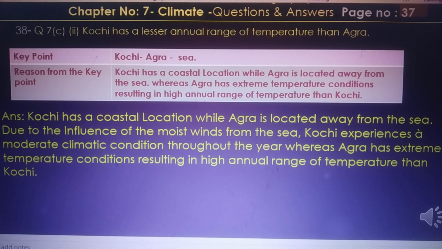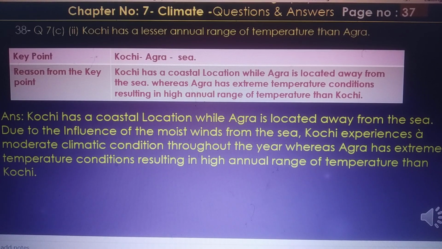Question number 38. Kochi has a lesser annual range of temperature than Agra. What is the key point? Kochi, Agra and sea. The reason from the key point: Kochi has a coastal location while Agra is located away from the sea.